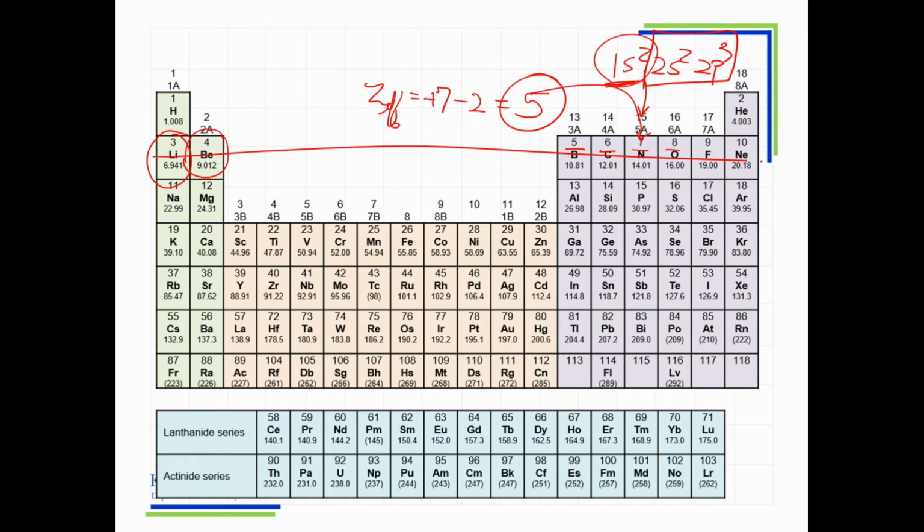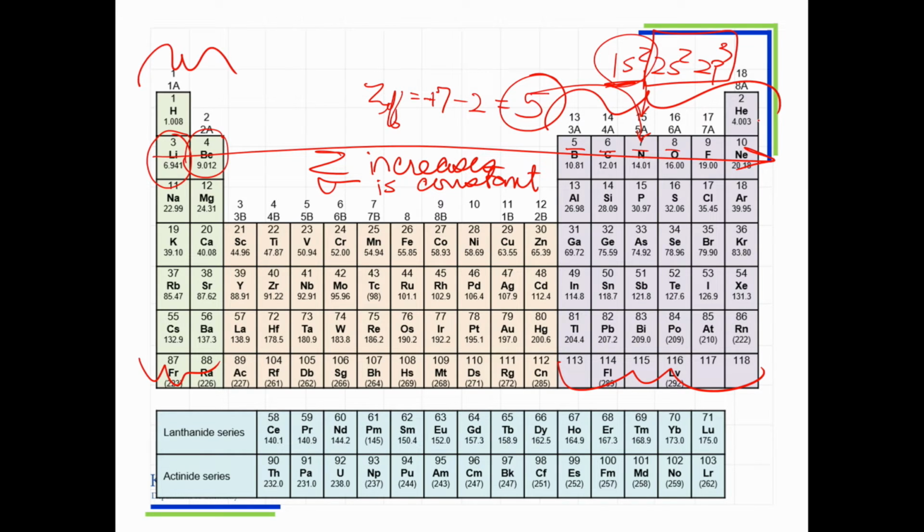So as we're moving across, the Z increases. That's what's happening across there. But the shielding is constant. Now this is true for the representative elements, the big boxes on both sides, here and here. Something different is going to be happening across the transition metal area that we will look at later.